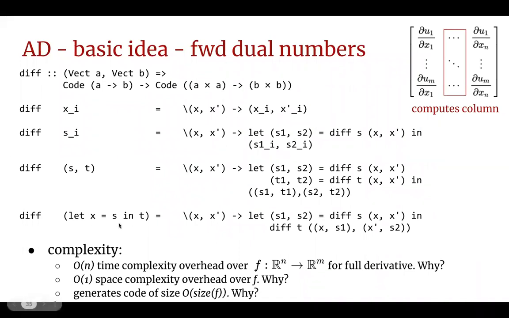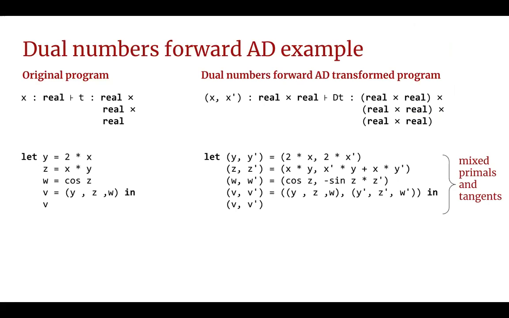A derivative of a let binding is just a let binding of the derivatives. A derivative of a projection is just a projection of the derivatives. So this is a really, really simple algorithm. It fully preserves the structure of the original program, similar to the algorithm that Michele Pagani talked about yesterday.